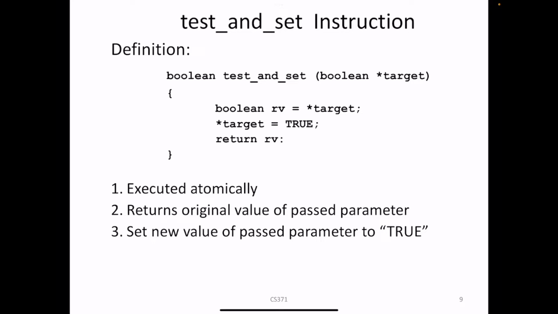Then it assigns a new value, true, to the parameter. The last step returns the variable RV, which is the original value of the parameter, back to the user. These three steps must be executed atomically, which means they cannot be interrupted in the middle of execution. It returns the original value of the passed-in parameter to the user and also sets the parameter to true.